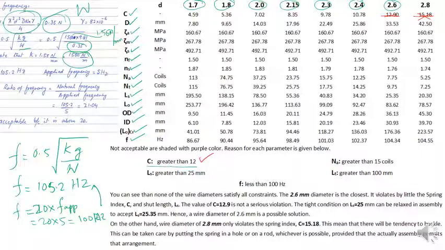N greater than 15 coils or less than 3. So I look at N, the coils. Okay, this is out. It is greater than 15, greater than 15, greater than 15. So all these are fine. This is taken care of. Shut length greater than 25 mm.